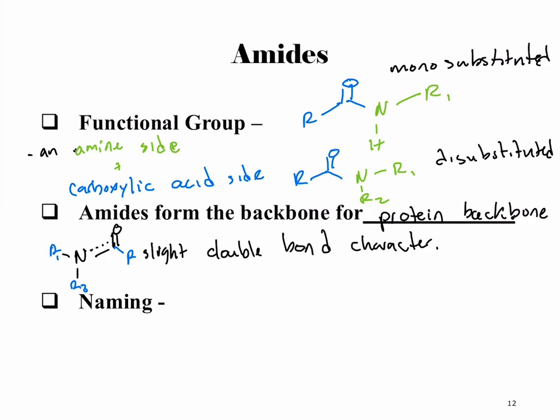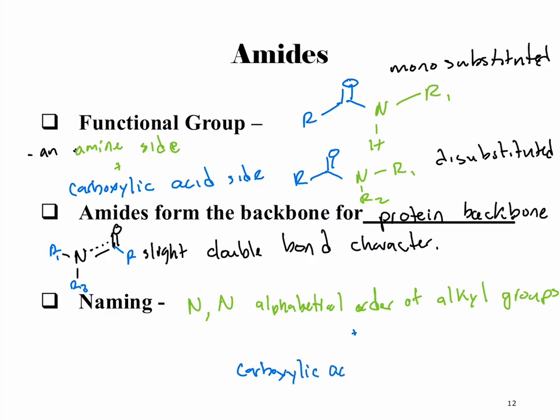And the naming, again, I'm not going to be testing you guys explicitly on the naming of amides, but the way the amides are named is you put N, then the alphabetical order of alkyl groups, and then to that you add the carboxylic acid group plus amide.